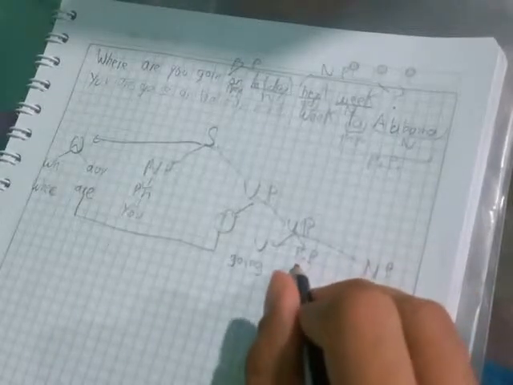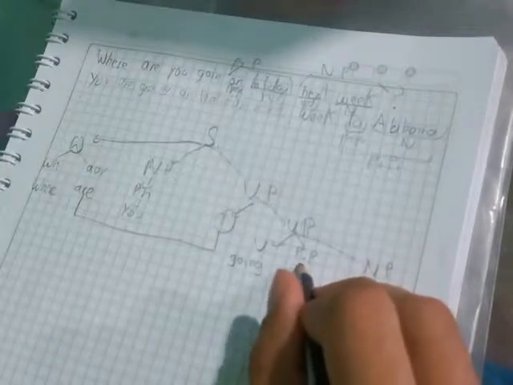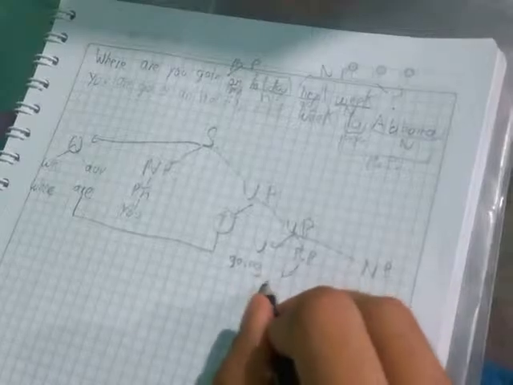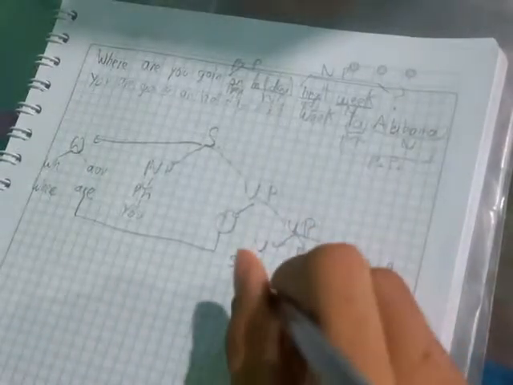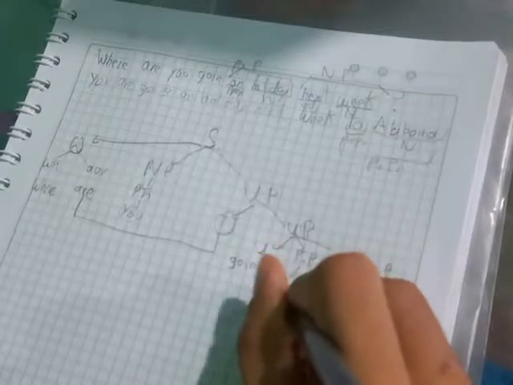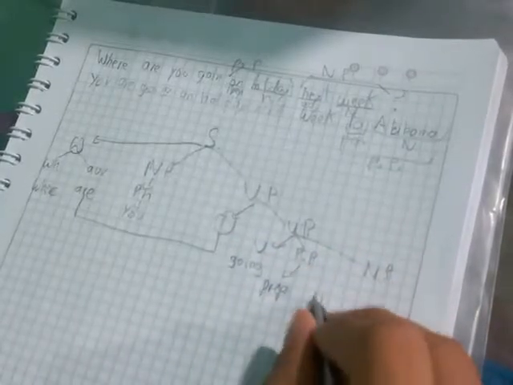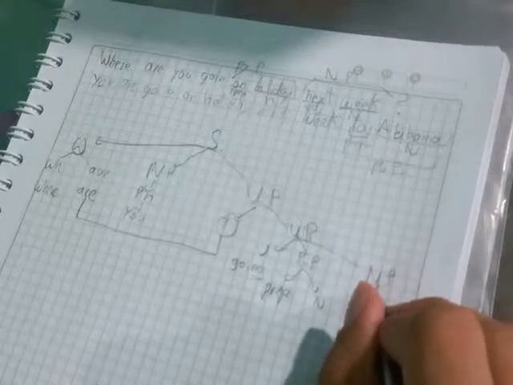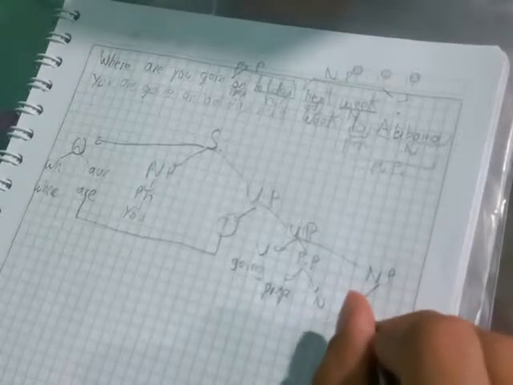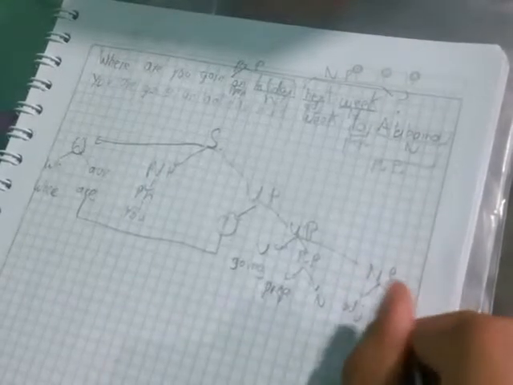Prepositional phrase, and this would be the preposition and the noun. Let me write better in order for you to see. And we have the noun phrase, that would be the adjective and a noun.